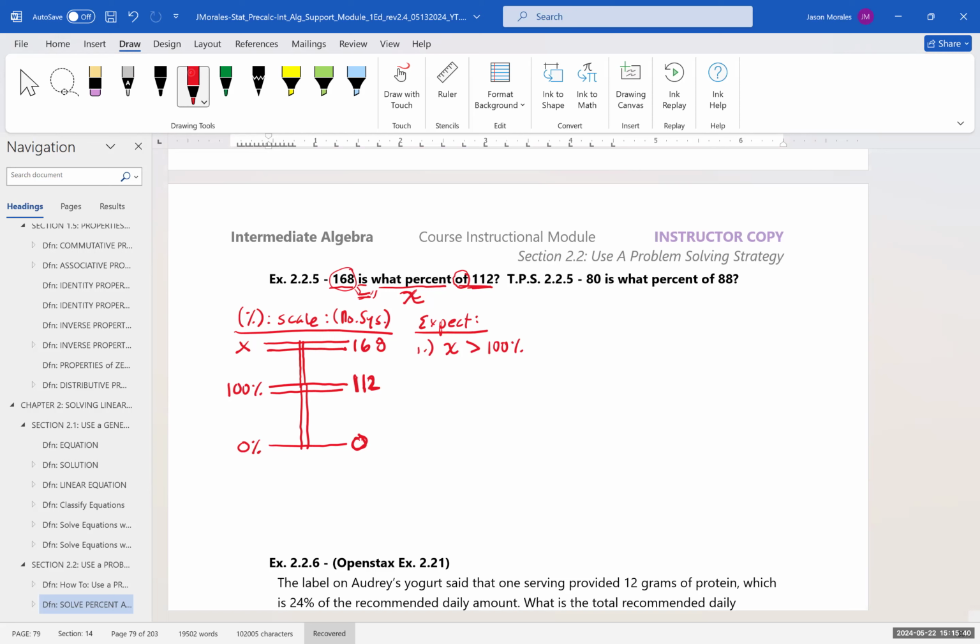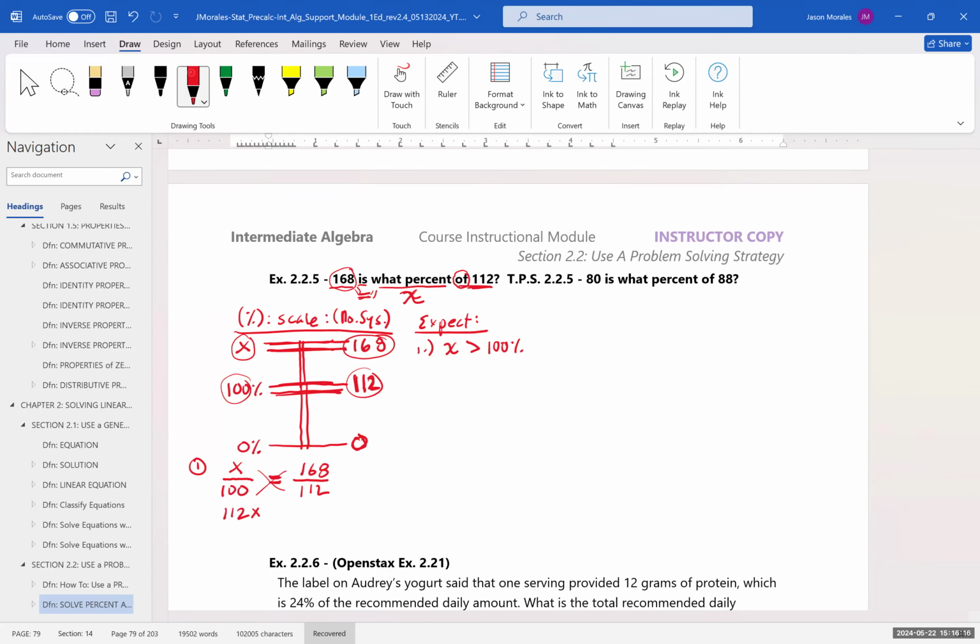All right, so let's solve this like we did before. So we're going to set up an equivalence of two ratios. And so X is equal to 168, and 100 is equal to 112. And now we can cross multiply.